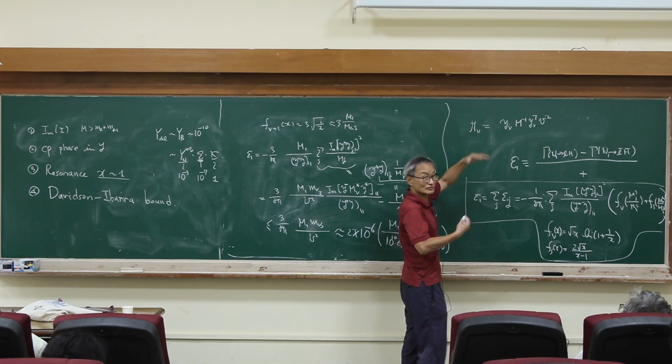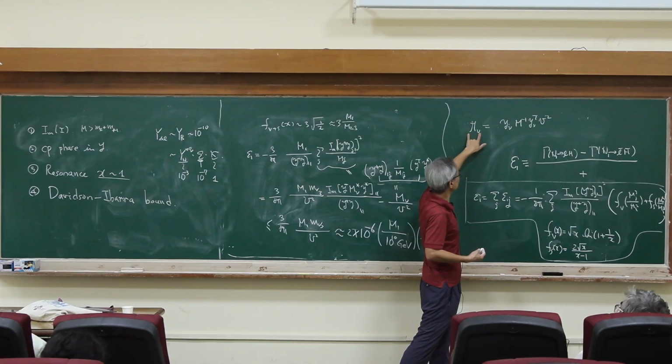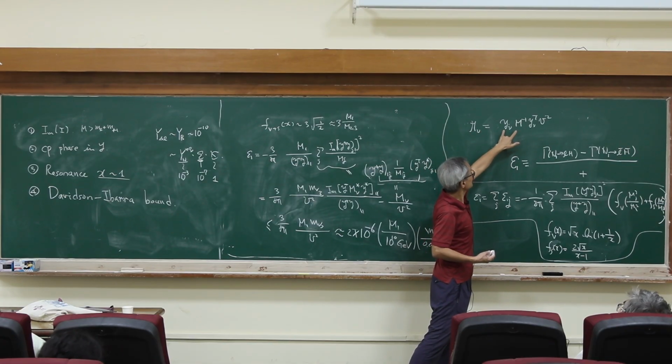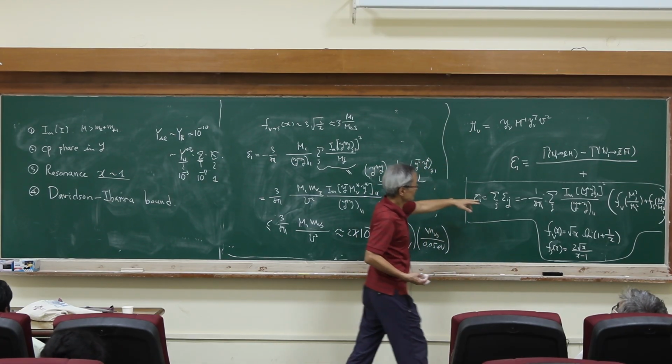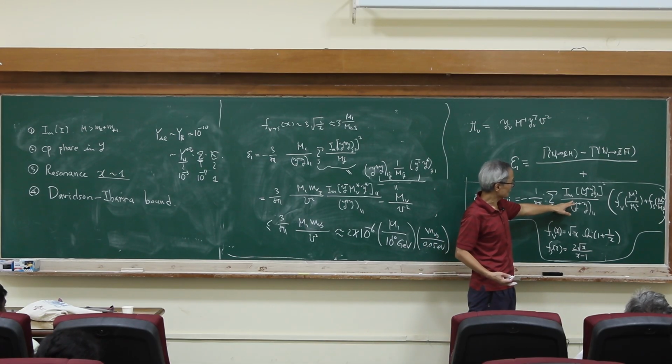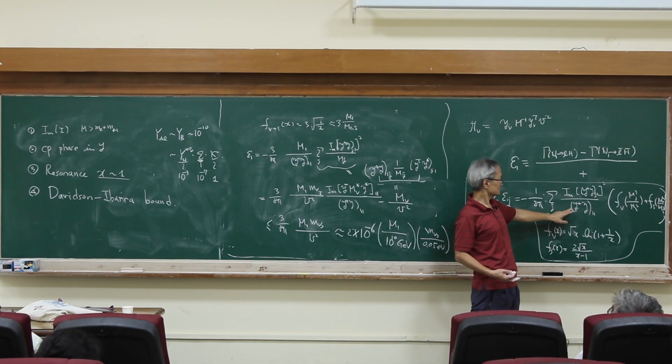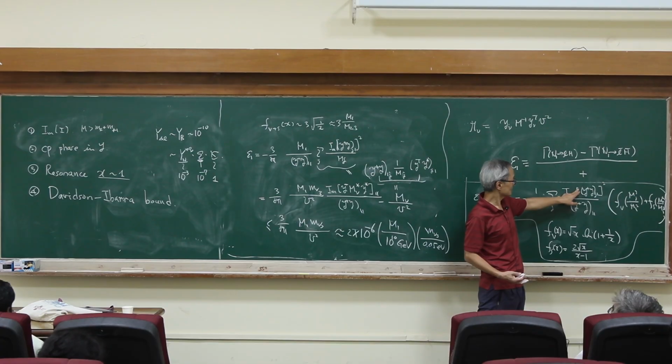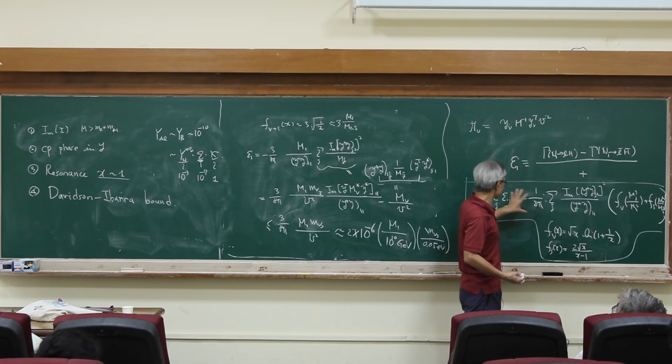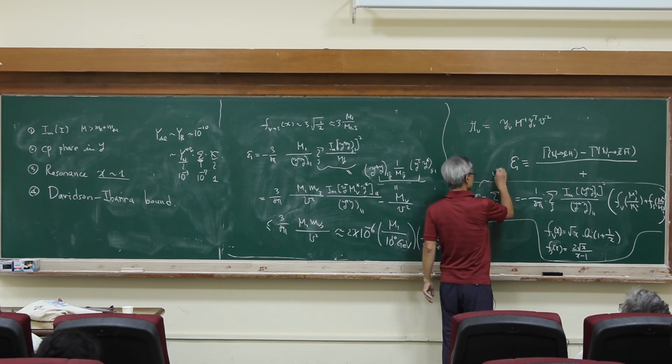So roughly, this is a qualitative argument. So M1 smaller, we need the smaller y, so that this epsilon is proportional to y squared. So the denominator is y squared and the numerator is y to the fourth. So basically, epsilon goes like y squared.